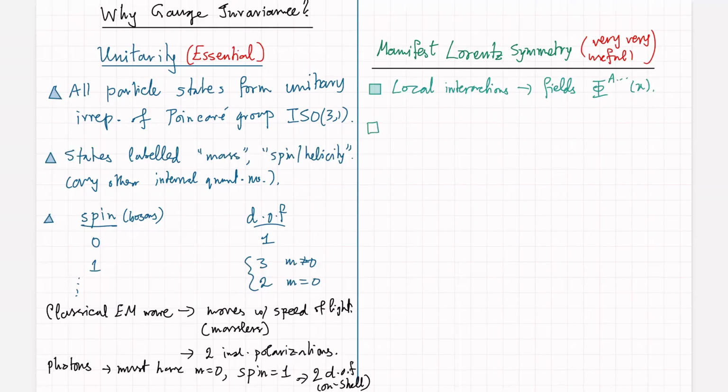And then we also know that the best way to construct a Lorentz invariant action out of these fields is when these fields transform nicely under Lorentz transformation. So they transform like a scalar, a vector, in general, a tensor, and so on.